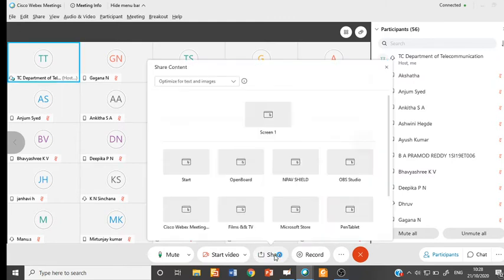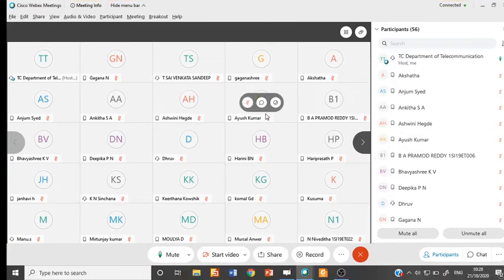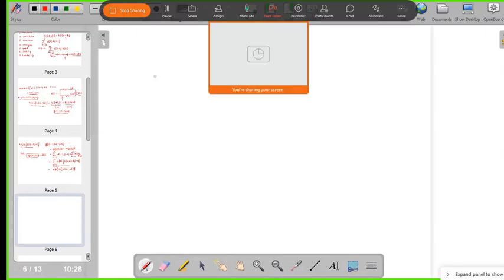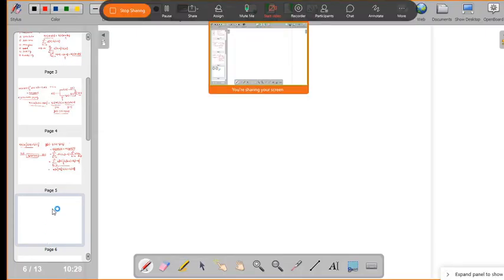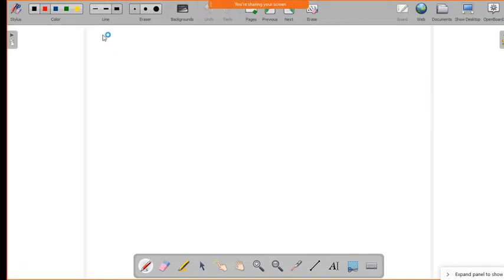Okay, we'll continue. So we'll prove the associative property. What does the associative property tell us?